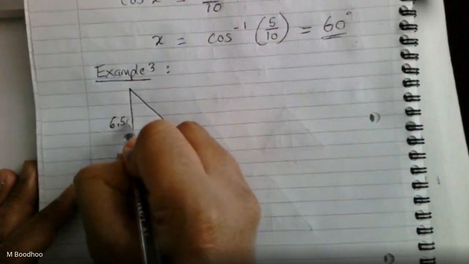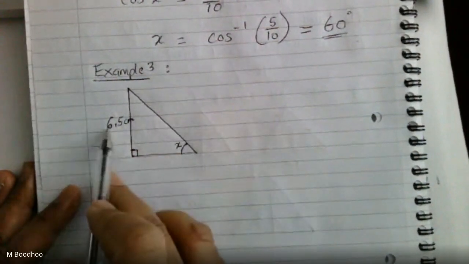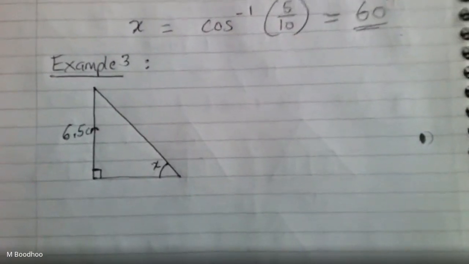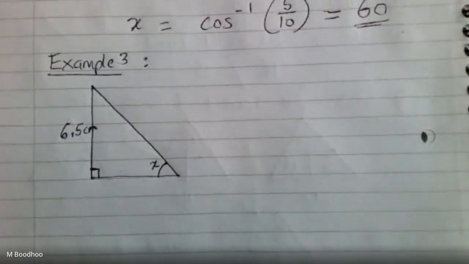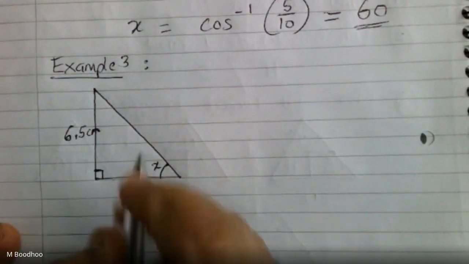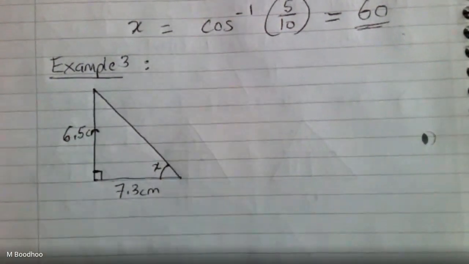This side is 6.5 centimeters, and that side at the bottom there is 7.3 centimeters. Let's work with some decimals.